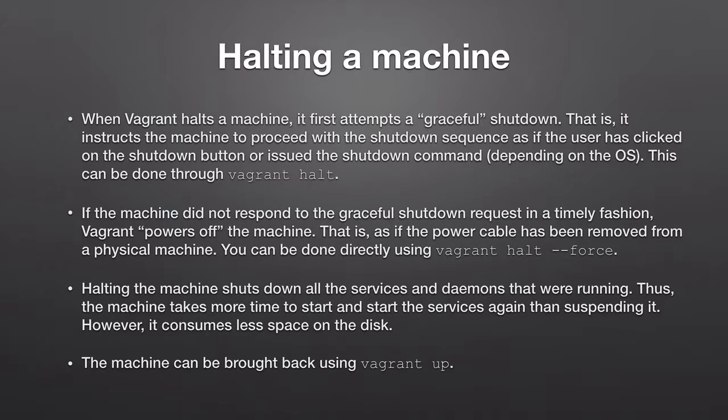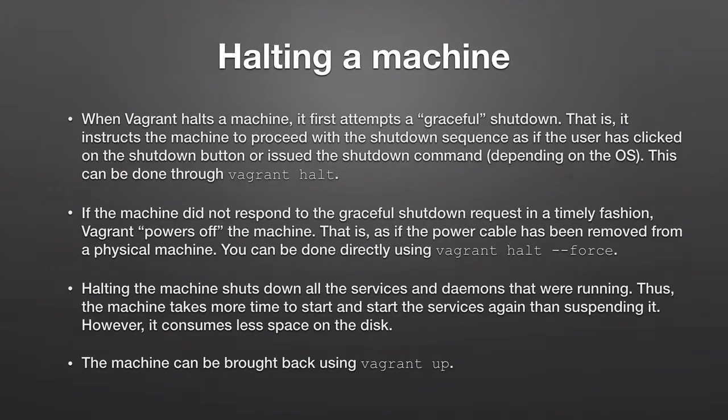However, if halt times out, if you've worked with Windows before and you press the shutdown button and Windows waited for a few seconds before it gave you the message that some services or some applications are still running and they are preventing the machine from shutting down, you have the option either to force shutdown, you remember that button, force shutdown, or to cancel and close those applications yourself. Vagrant has a similar approach, but it does not give you the chance to cancel the shutdown operation and attempt to terminate those services yourself.